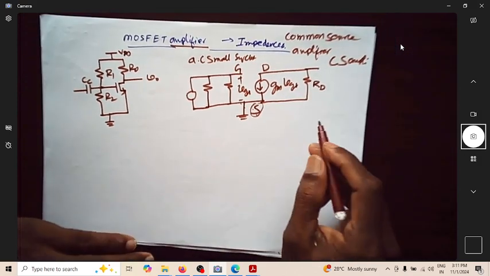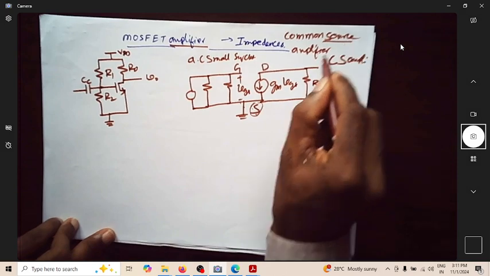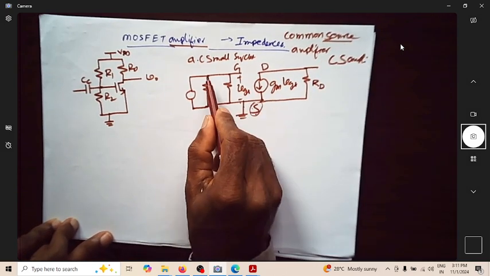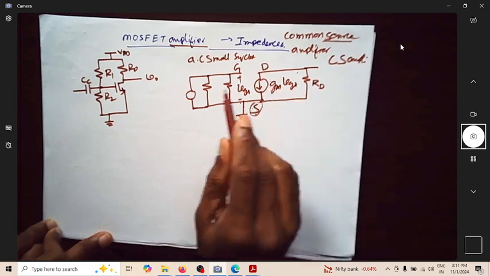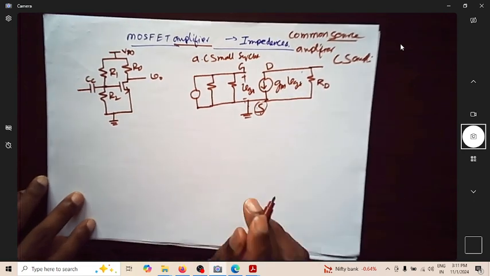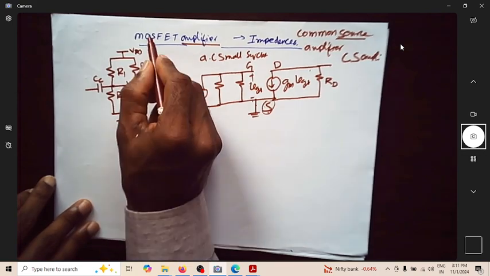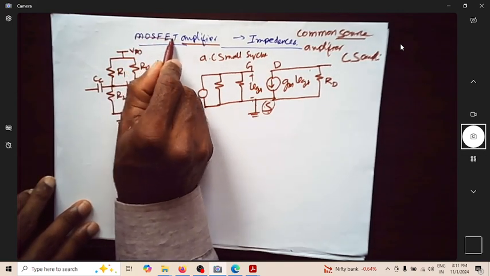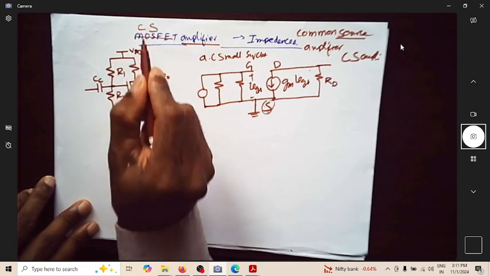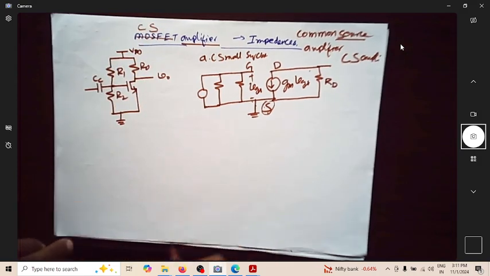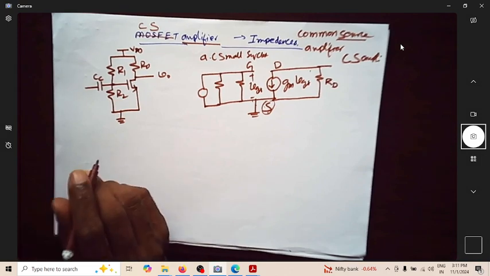So that's why it is known as a CS amplifier. Instead of simply saying MOSFET amplifier, we can say CS, common source amplifier.